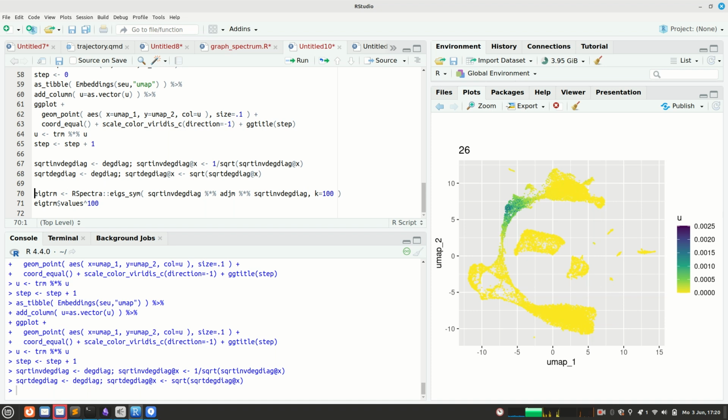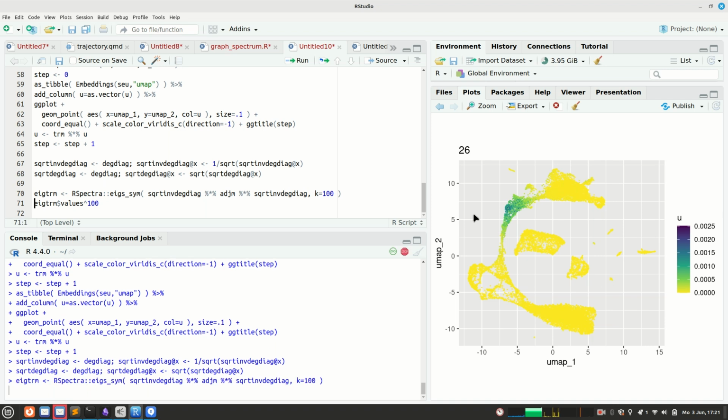So we want to calculate this thing here, D^1/2 U Lambda^n U^T D^-1/2. I do this by saying D^-1/2 times A, the adjacency matrix, times D^-1/2. I want to get the 100 largest eigenvalues of this thing. Call it eig transition matrix.